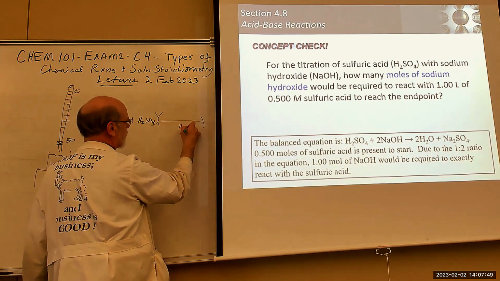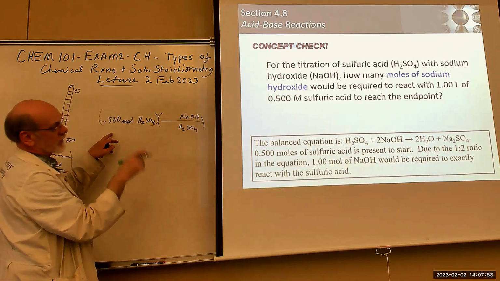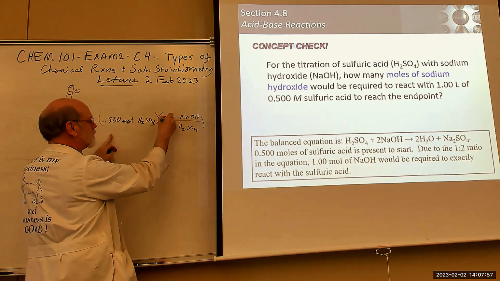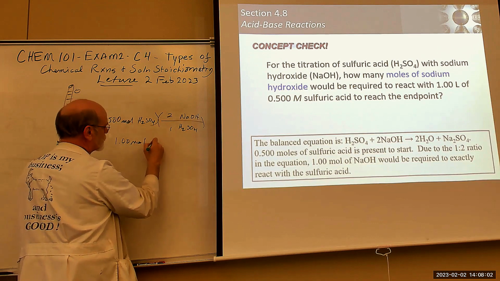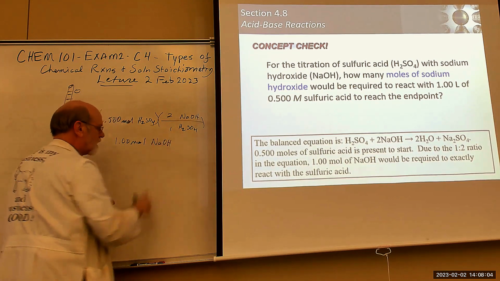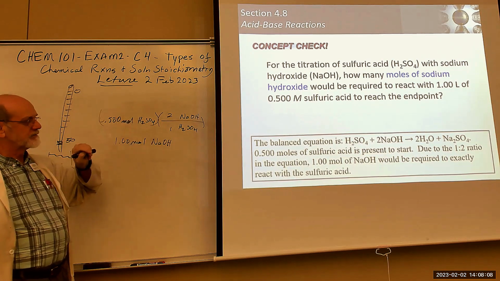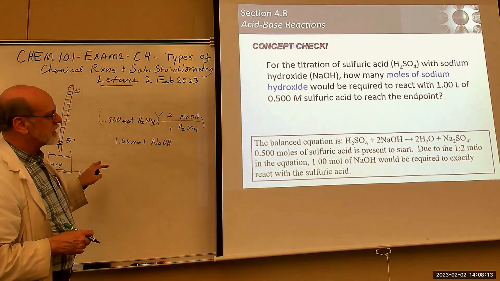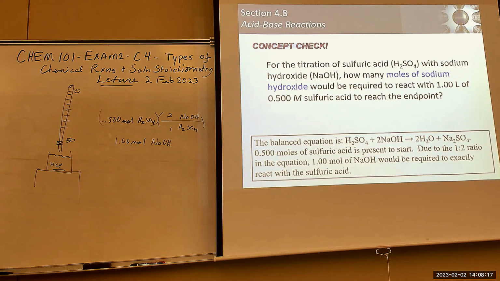So we have sulfuric acid here, sodium hydroxide here. Coefficients say what? That's 1. This is 2. So we need 1 mole of sodium hydroxide to neutralize 0.5 mole of sulfuric acid. And the question is, how many moles of sodium hydroxide? There it is, 1 mole. Okay. That's one way to do it.